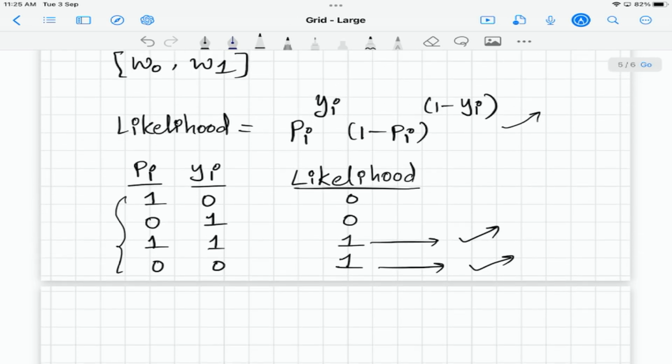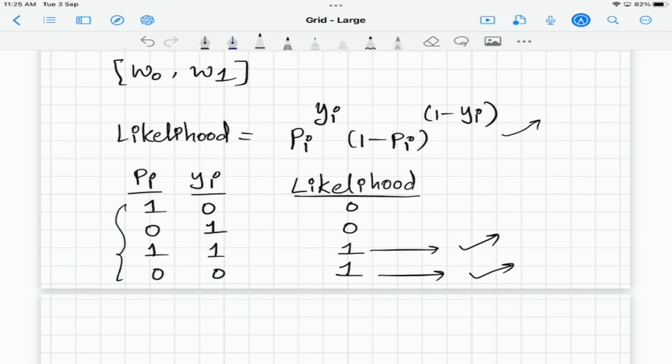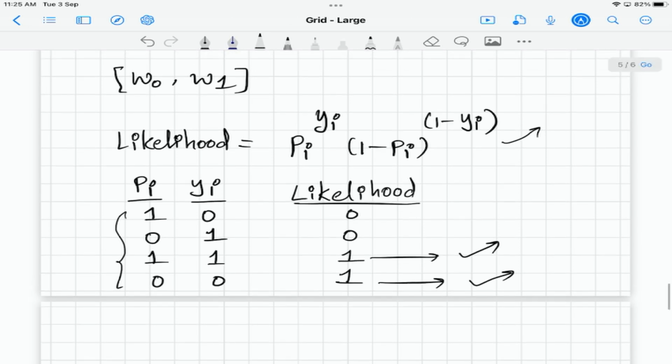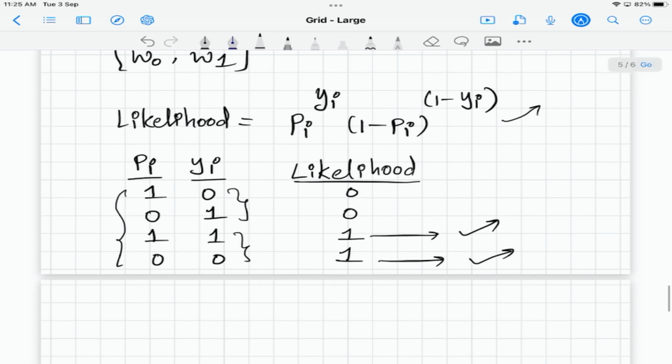Is it not true? 0 power 0 is not 1. Okay, let's go and find out what is 0 power 0. So what happened in these two cases? In these two cases, you are getting zeros, right? So you are not sure what is 0 power 0. Just go and find out what is 0 power 0.